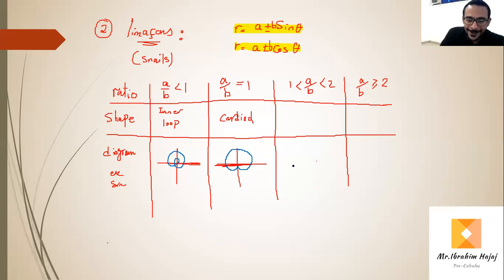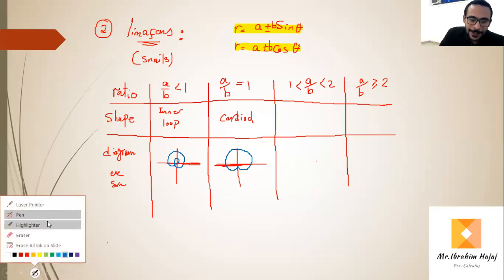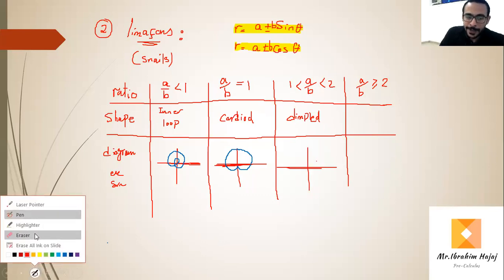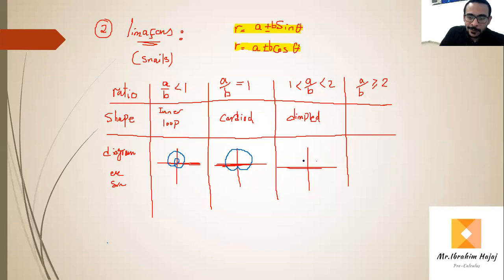Now, when the ratio between A and B is between 1 and 2, it's a dimpled shape, or dimple. For the diagram, take sine, working on the y-axis.